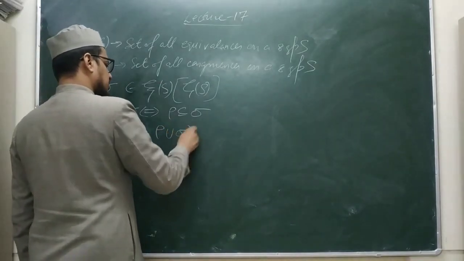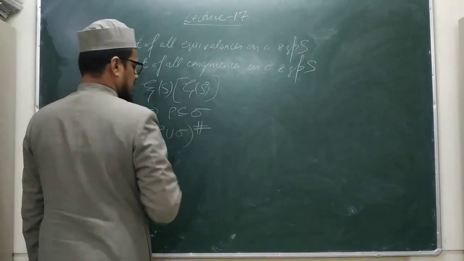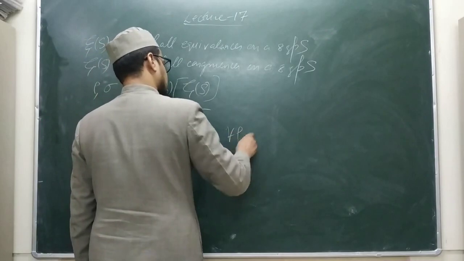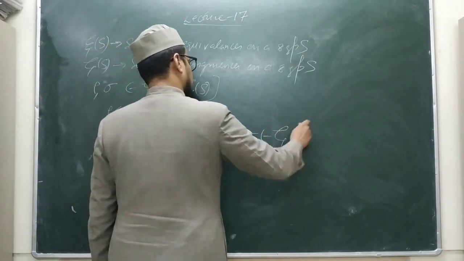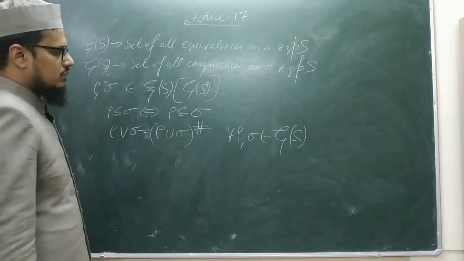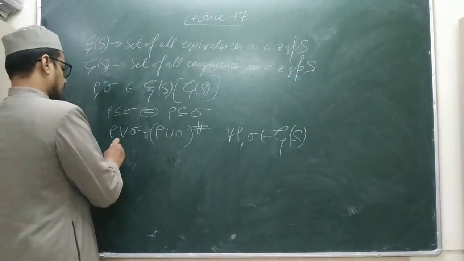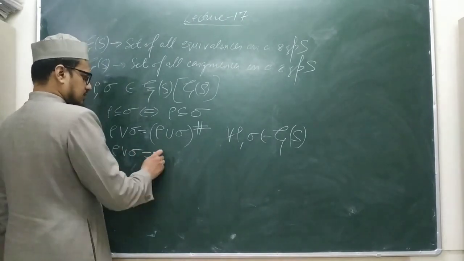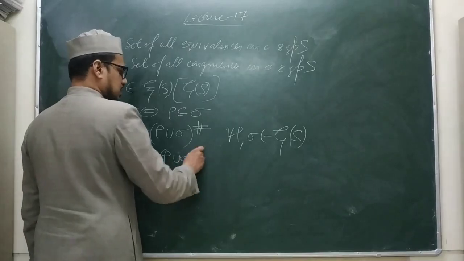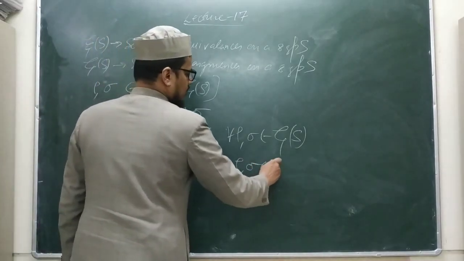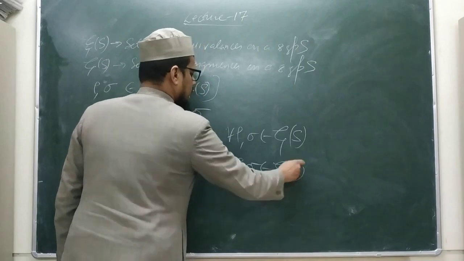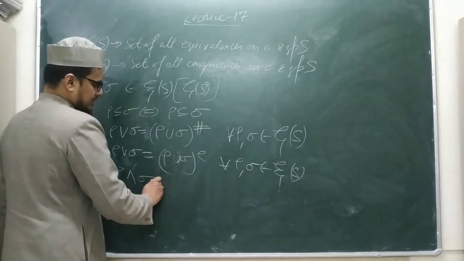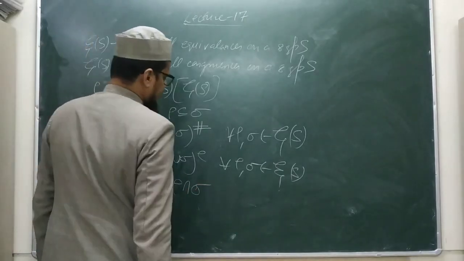Rho union sigma hash for every rho, sigma belonging to the set of congruences, and rho join sigma is rho union sigma E for every rho, sigma belonging to the set of equivalences, while the greatest lower bound is defined like this: rho intersection sigma.